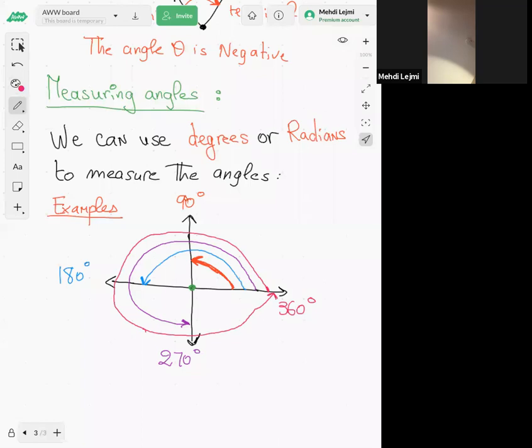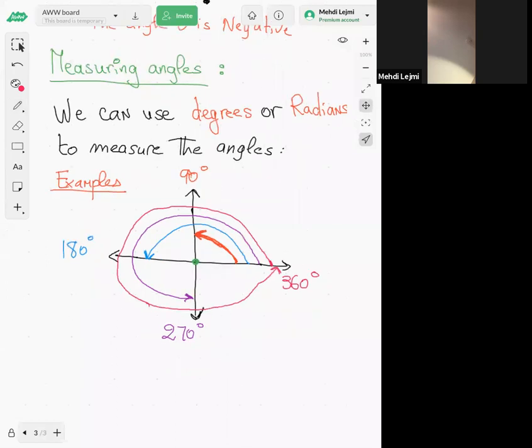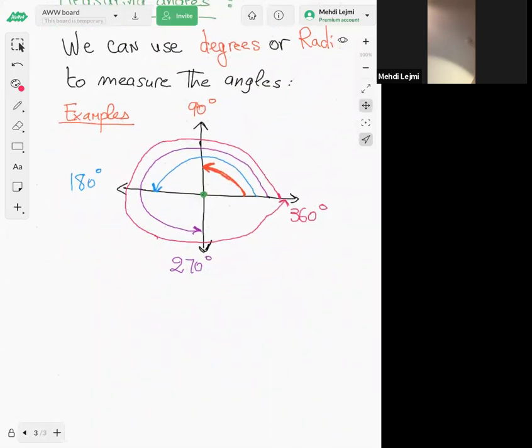These are just examples of possible angles. There's also the zero angle, which is when your initial side and your terminal side are the same.